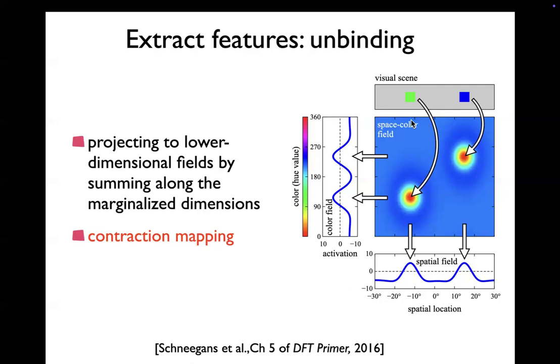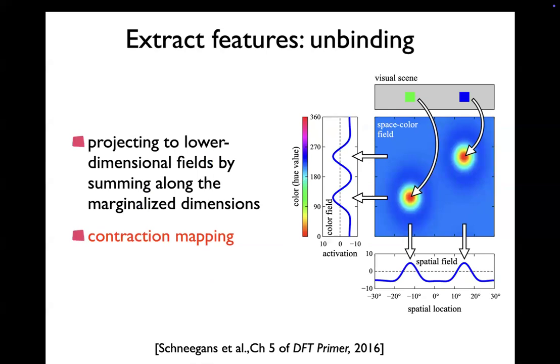And very analogously, you could sum along the color dimension, putting suprathreshold activity summed into this field of space, and then it's only these two spatial locations where there would be some inputs to the spatial field, and it would therefore induce these two peaks.